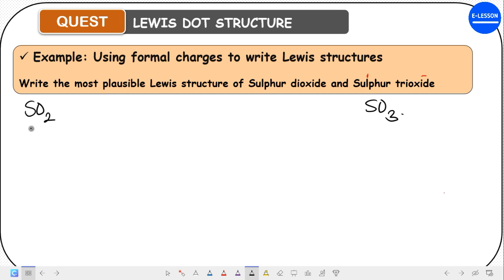Now, first of all, follow the normal steps. Calculate the number of electrons. Sulfur is group 6, so it has 6 valence electrons, right? So we come here and say sulfur, that's 6 valence electrons. 1 sulfur is there, so we have 6 electrons for sulfur here. Oxygen is also group 6, so it has 6 valence electrons. There are 2 oxygens here. 6 times 2 is 12 electrons.